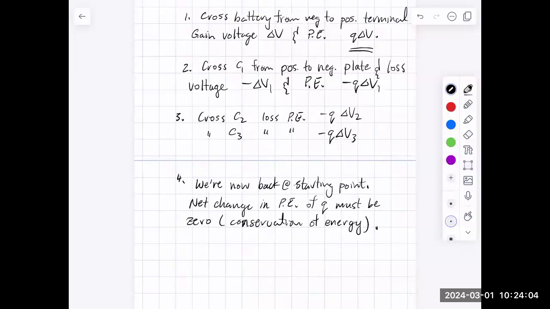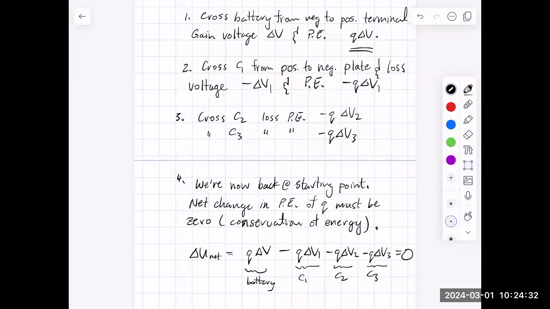be 0. So delta U net is equal to, well, first we gained Q delta V from the battery. And then we had minus Q delta V1 from C1, and minus Q delta V2 from C2, and minus Q delta V3 from C3. And our conservation of energy says that all of that must just be equal to 0.